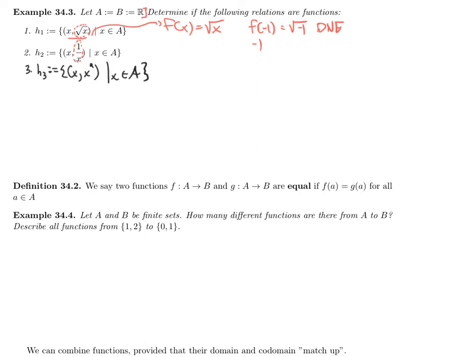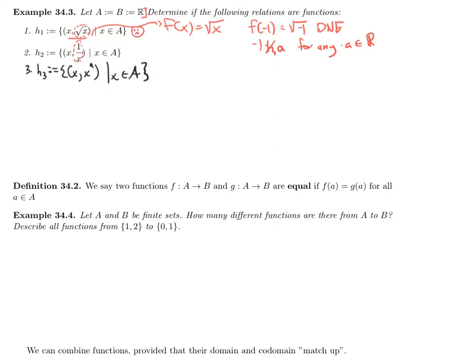So what do we call this? H, not f. H, let's call it a, is not related with that relation H1 for any a in the reals. So that means that this is not a function.